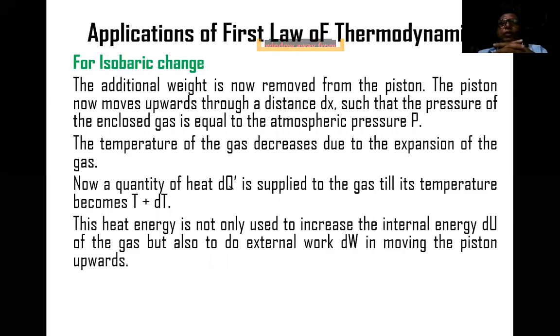Applications of first law of thermodynamics in isobaric changes.